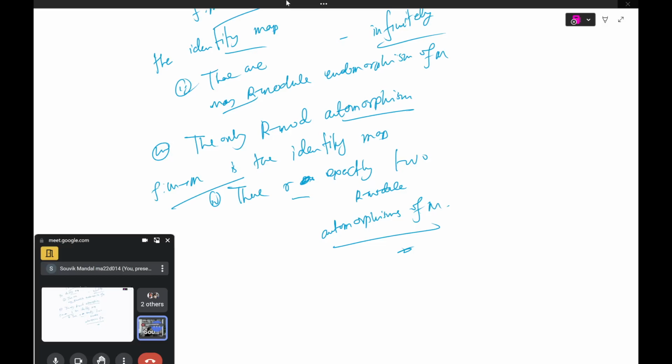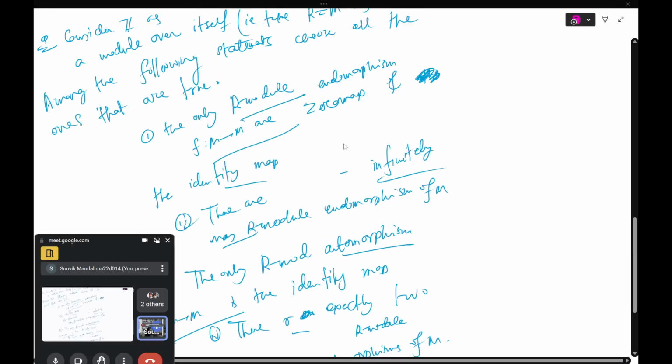Okay. So option 4 is correct. What about the other 3 options? What is the first option? The first option is that the only R-module endomorphisms of M are the zero map and the identity map.